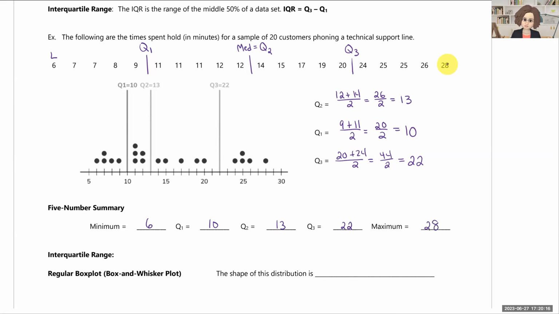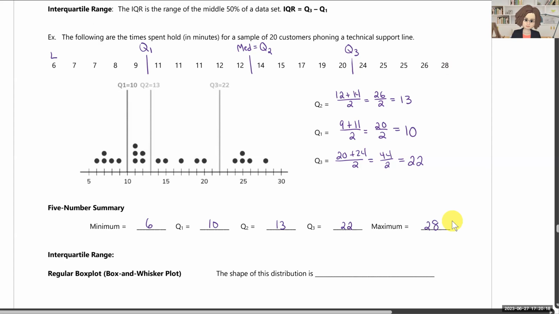So that's time spent on hold. On my dot plot that I've drawn, the line plot, remember each dot just represents a data value. I've identified here my Q1, my Q2, and my Q3. We're going to talk about the interquartile range.